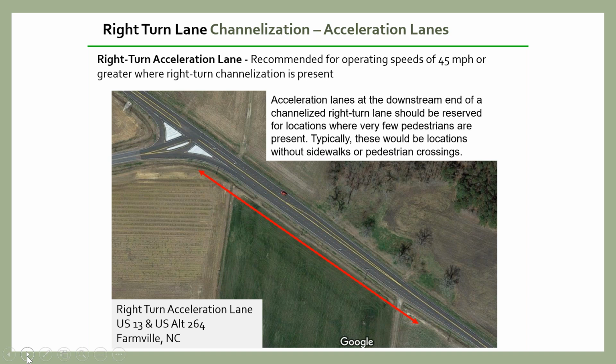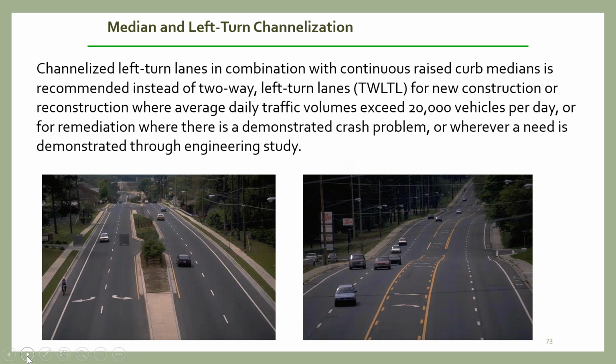Drivers can better utilize their side view mirrors to look for gaps as they merge over a lane. So a right turn channelization with an acceleration lane is going to be more of a higher speed rural type of context, as shown in the picture.